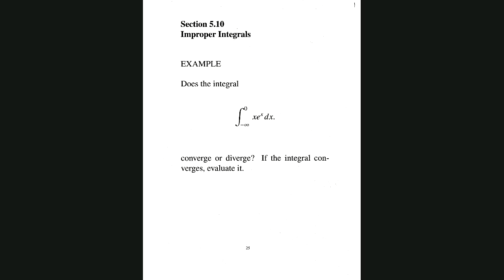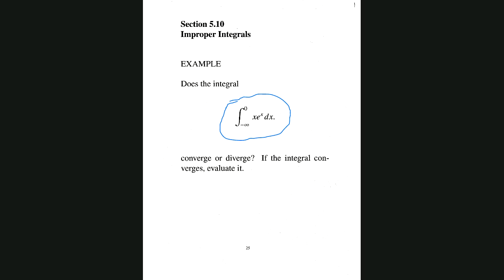You have a lot of expertise with integrals. And up to now, all your integrals have been proper integrals. But now suddenly in section 5.10, we have an integral that they call improper.